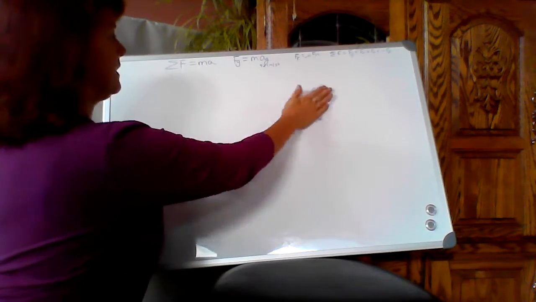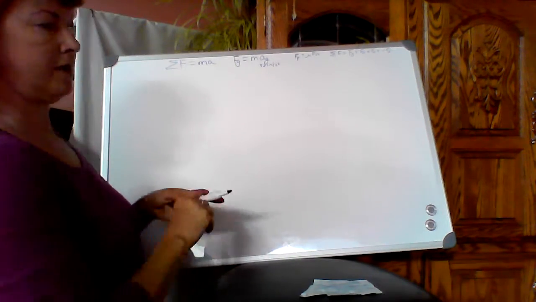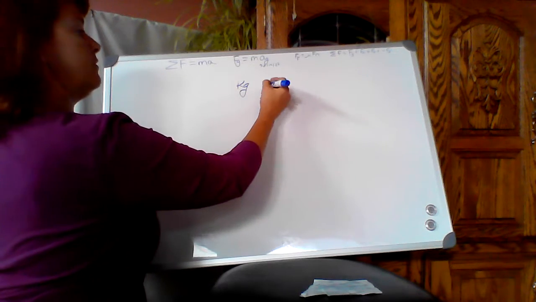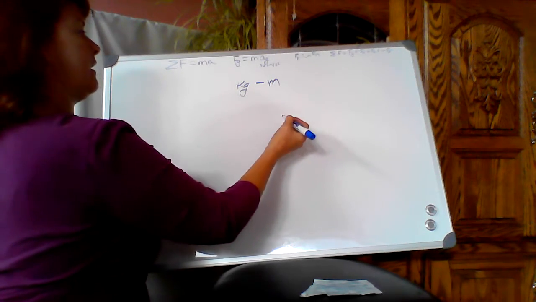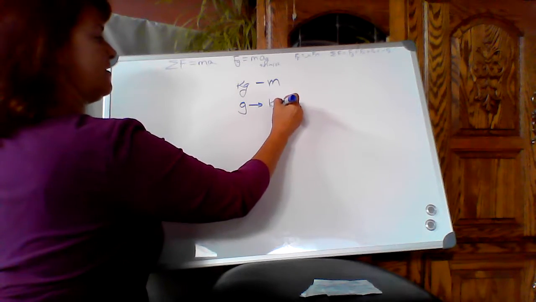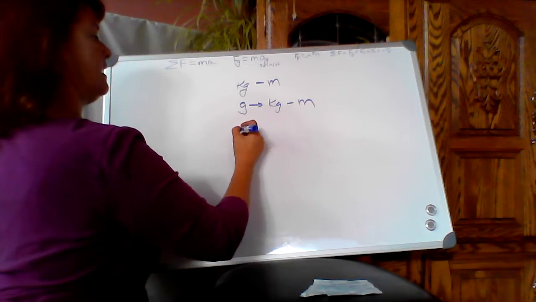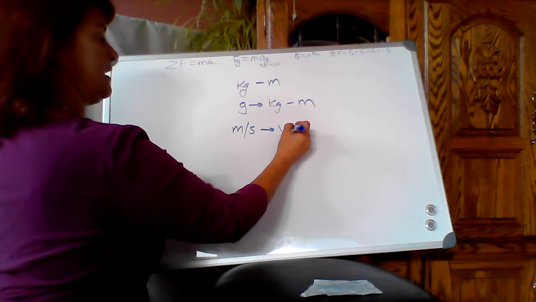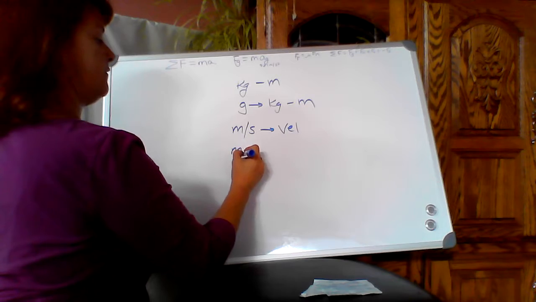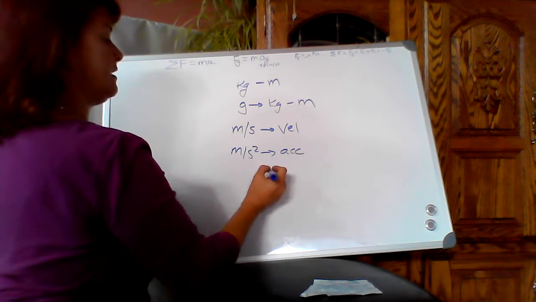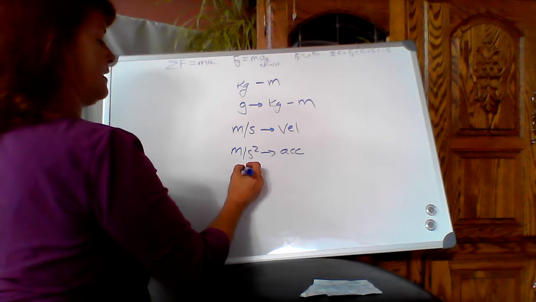The other thing you want to look at, of course, are your units. If you have a number with kilograms, you know that that's mass. If you have a number with grams, you know you want to convert it to kilograms, and that's mass. If you have a number in meters per second, that's velocity. Meters per second squared is acceleration.